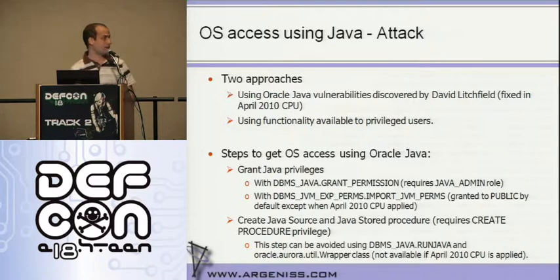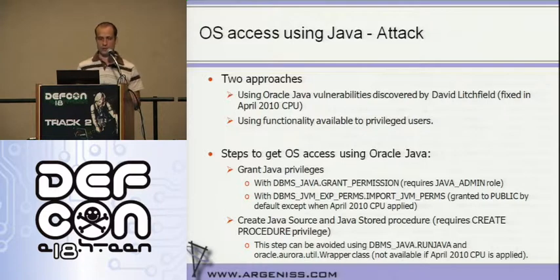Then after we have the required Java privileges, we should create the Java stored procedure that will contain the Java instructions to execute operating system commands. These Java instructions are the standard Java for executing operating system commands.